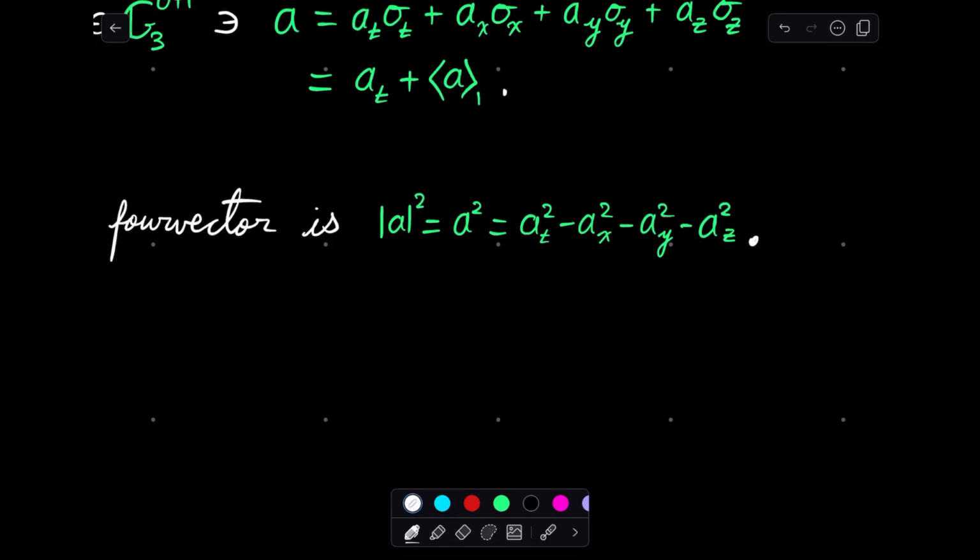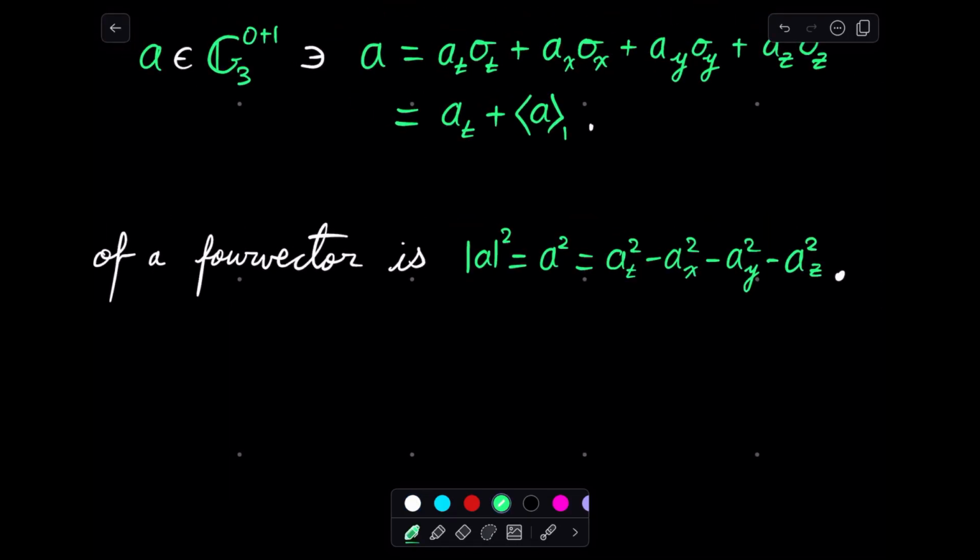So how do we have this in the algebra of physical space?